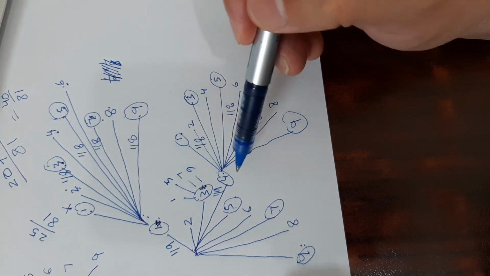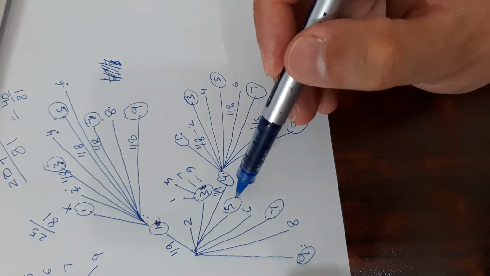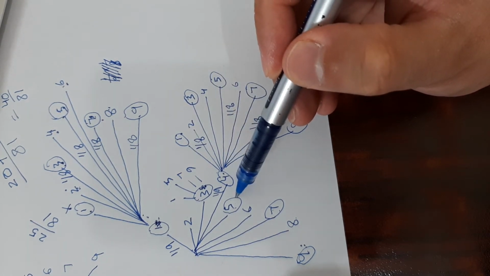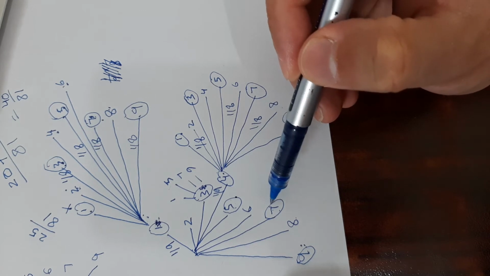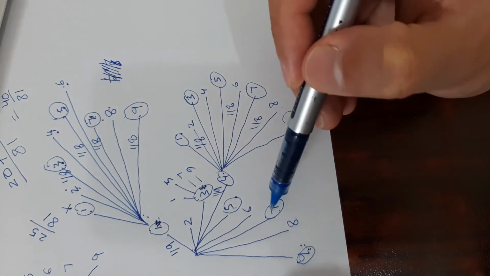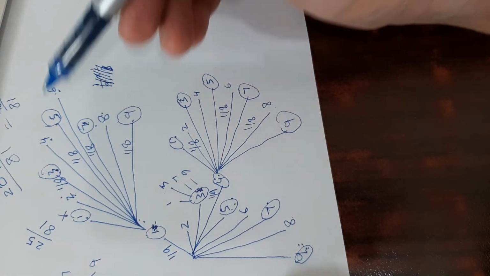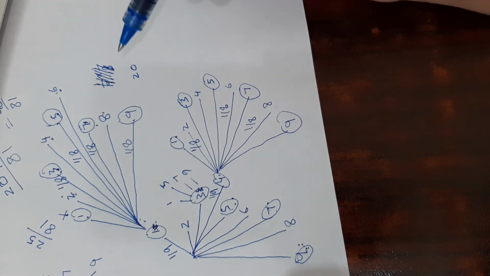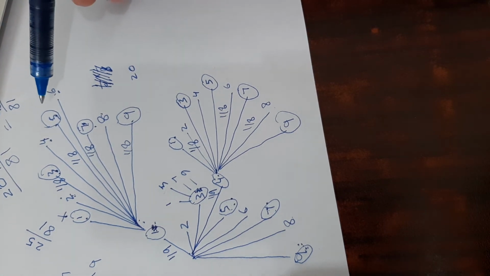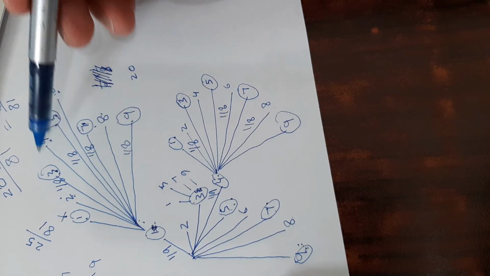So 4 outcomes again from here. Similarly 4 outcomes when the first number is 5, 4 when it is 7, and 4 from the last. So 4 plus 4 is 8, plus 4 is 12, plus 4 is 16, plus 4 is 20. So 20 outcomes are those in which both numbers are odd.